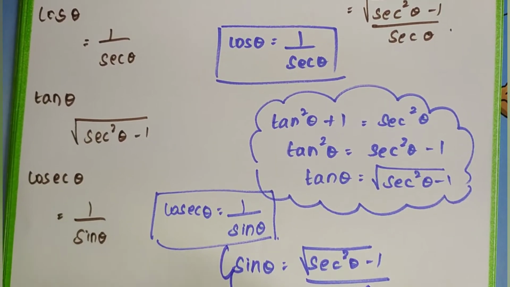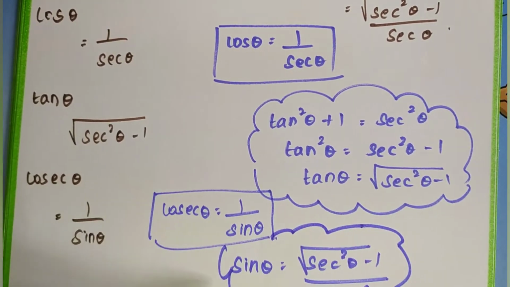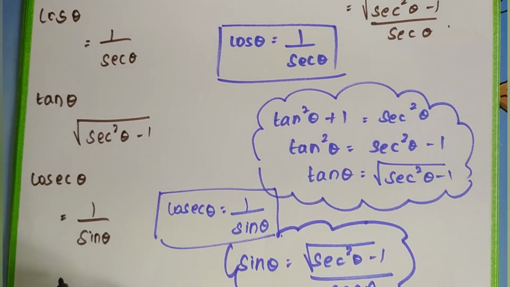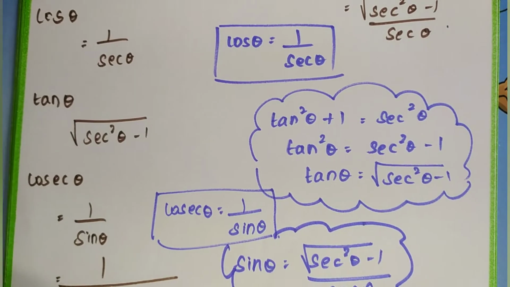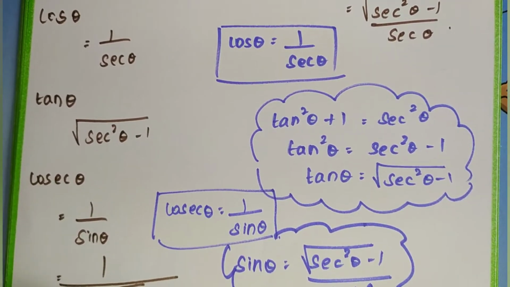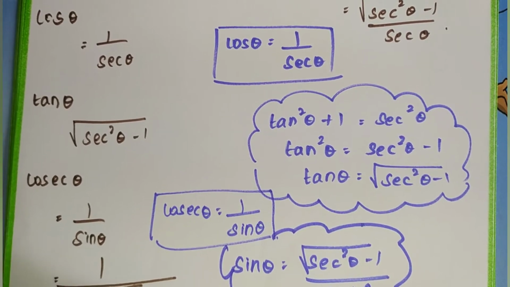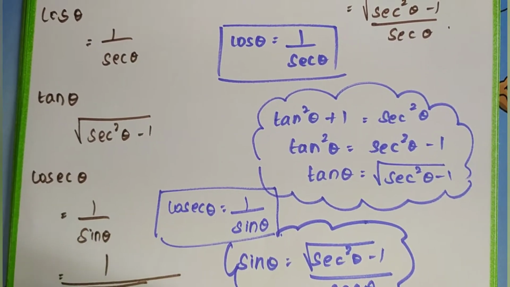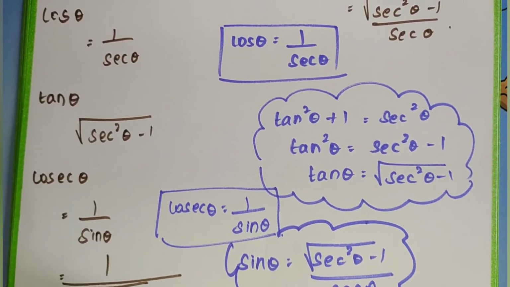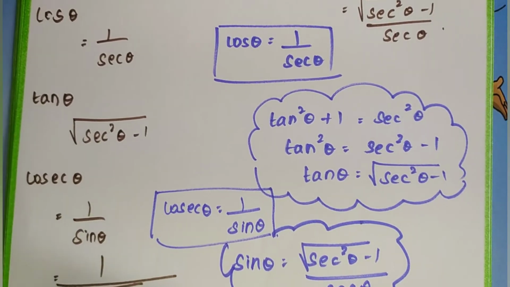That I am going to apply here. Here we have 1 divided by sine theta. Be careful. 1 divided by root of secant square theta minus 1 divided by secant theta. Now reciprocal this one. The answer is secant theta divided by root of secant square theta minus 1.